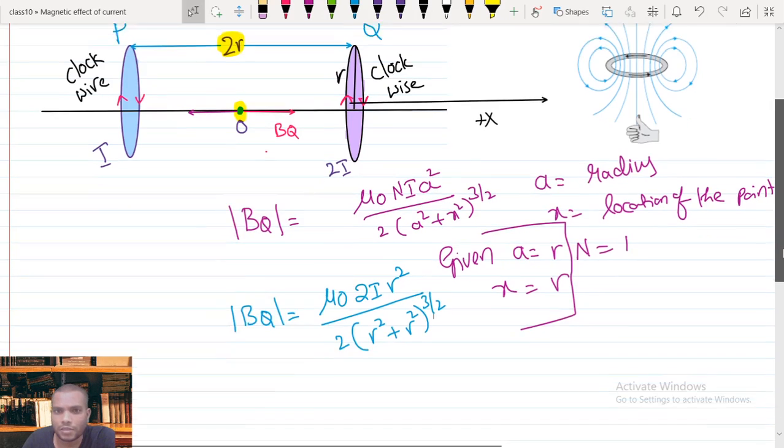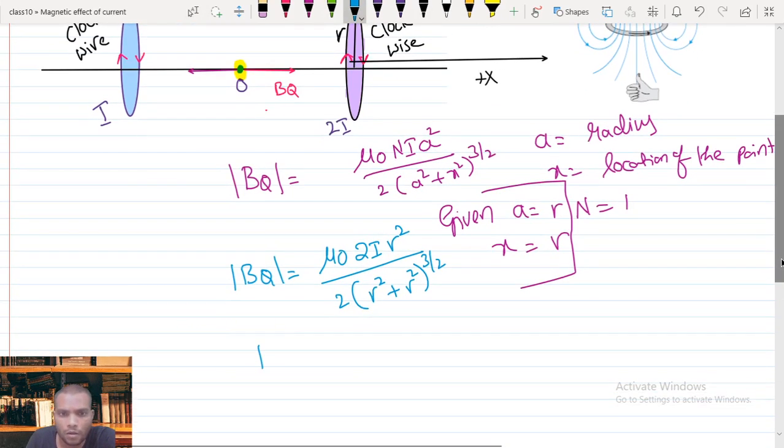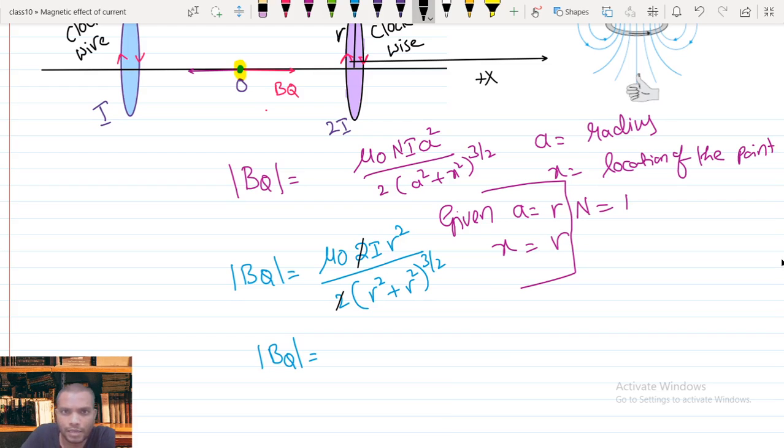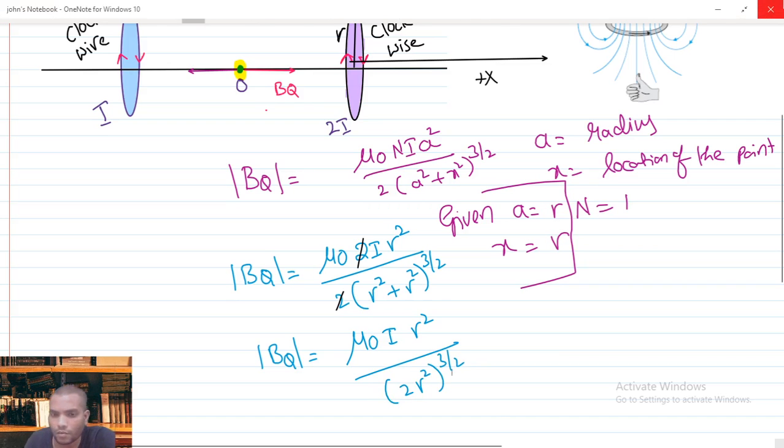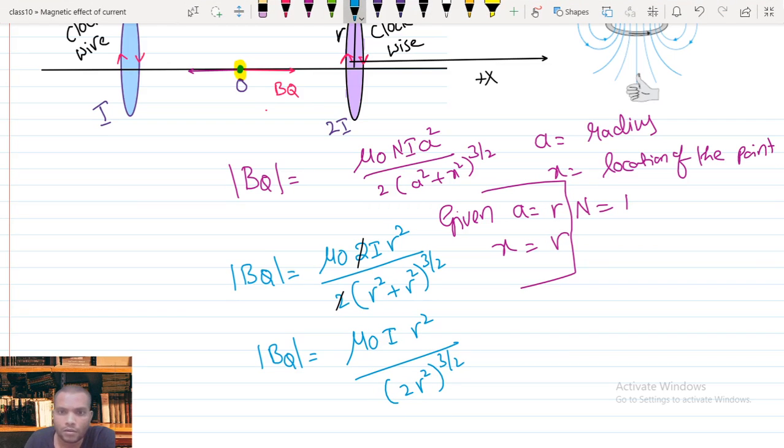Now let's simplify this. The 2 cancels and the remaining expression is mu naught I times r square upon 2r square whole power 3 by 2. Let it be equation 1.